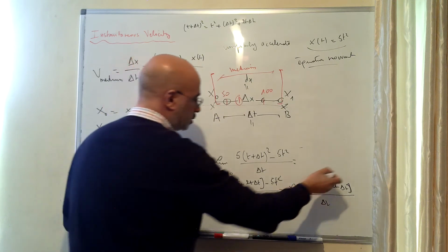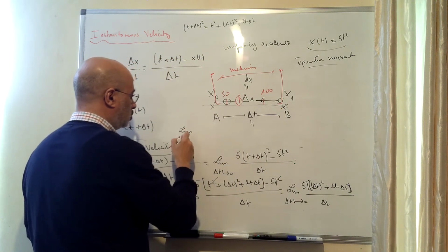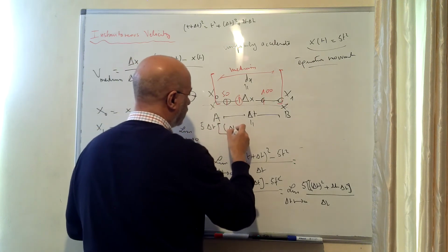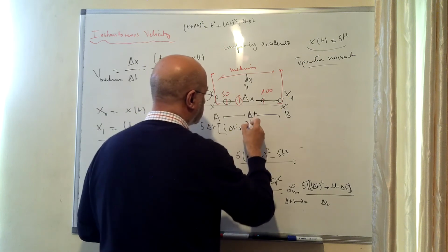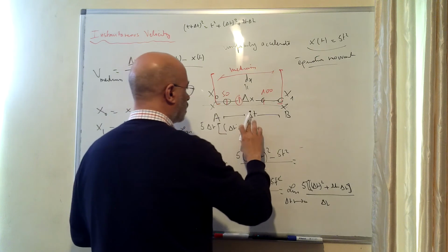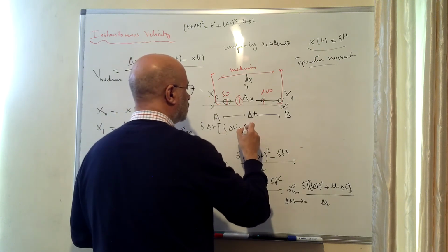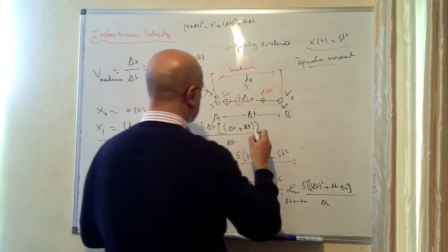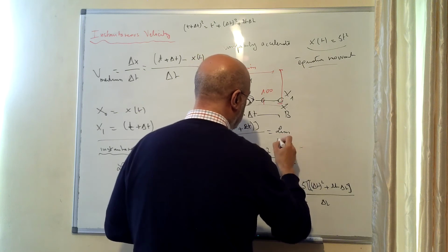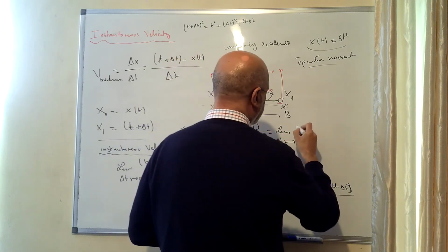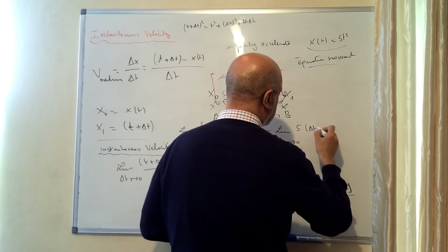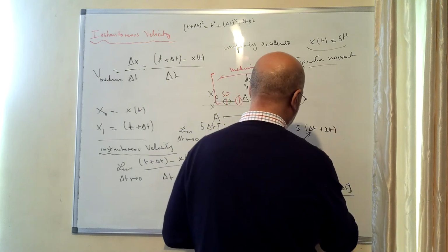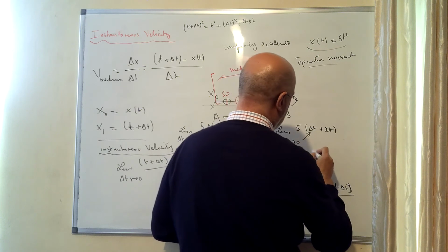So this will be the limit when del t tends to 0 of del t times (5 del t plus 10t), over del t. We simplify del t here, so it equals the limit when del t tends to 0 of 5 del t plus 10t. As del t tends to 0, the result is 10t.